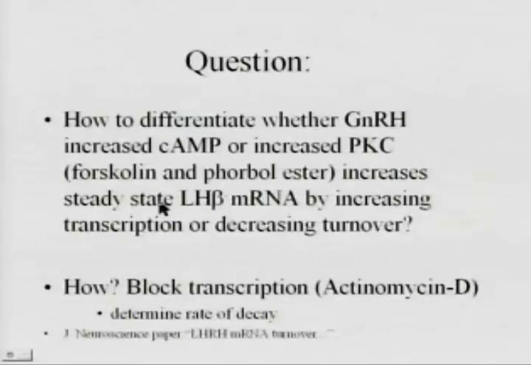So if you're able to detect higher, stable levels of LH-beta mRNA when GnRH is acting on the gonadotropes, and you're asking whether it's mediated through the cyclic AMP or PKC second messenger systems, then what you need to do is block the transcription and determine the rate of decay.